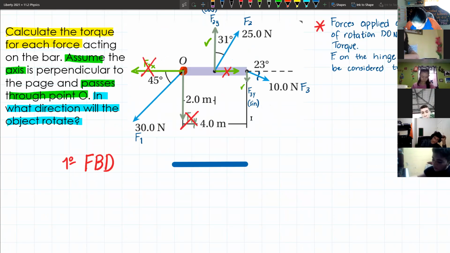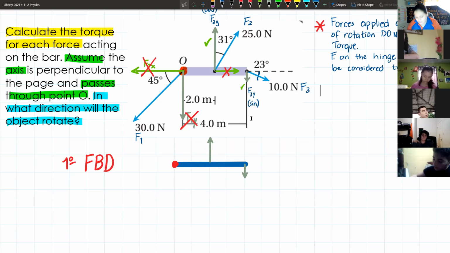And I'm going to put my hinge over there. And I will include only the forces that are doing torque, which is this one up, that's one, and the other one that is this one down, like that.